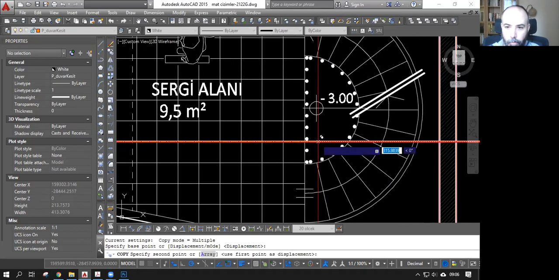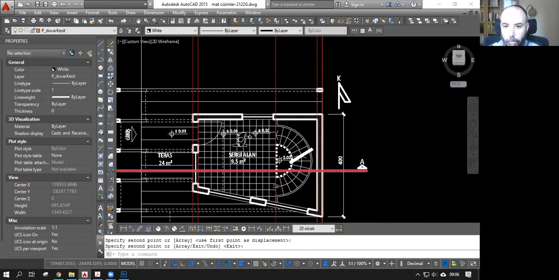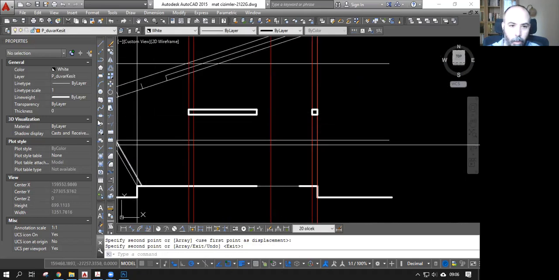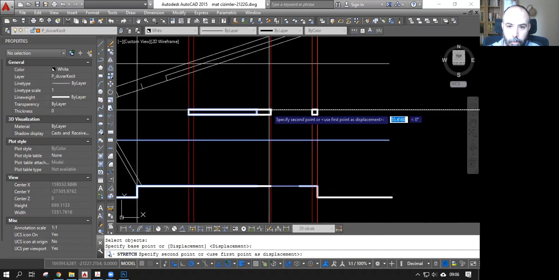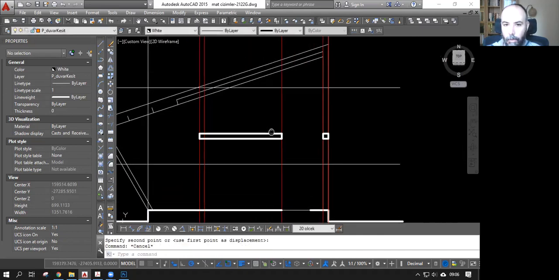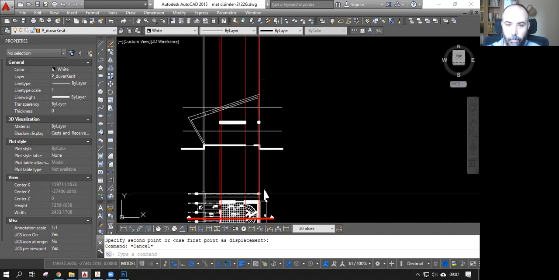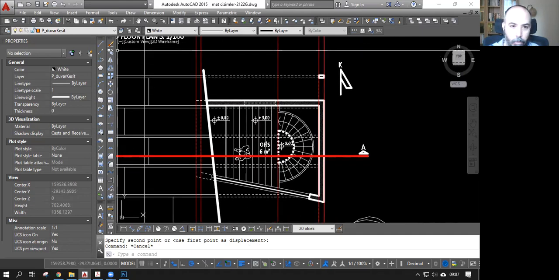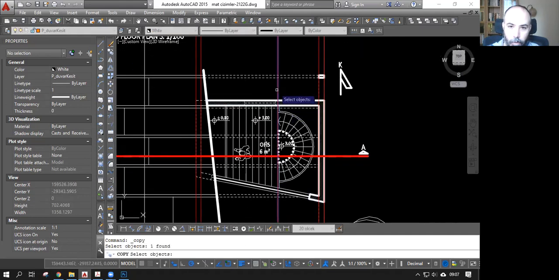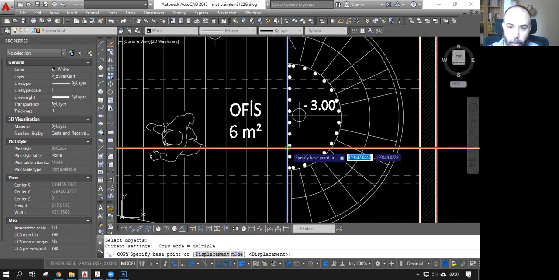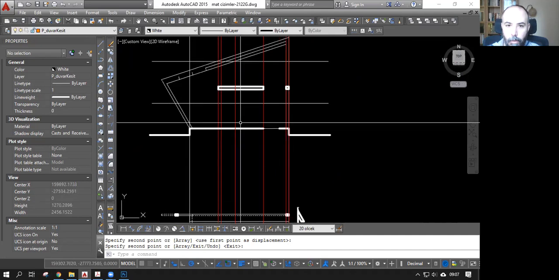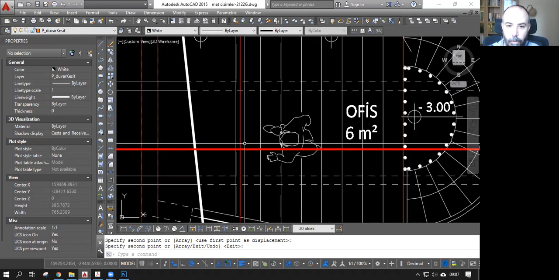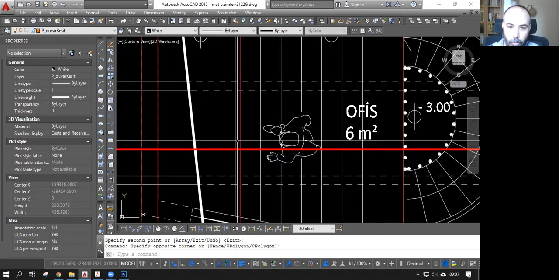That's the end of both the ground floor and the first floor. So I need to stretch that up to this red line. So this is the ground floor, and for the first floor, I need to transfer its other end here. Sorry, not that. I need to transfer this one.